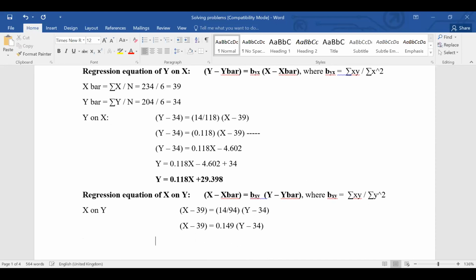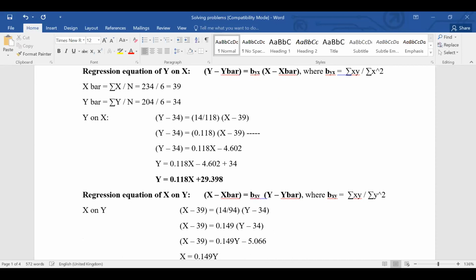Now x minus 39 equal to 0.149y minus 0.149 times 34, 5.066 you will get. Then you can bring that 39 to the right hand side.